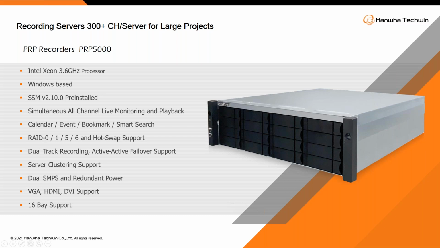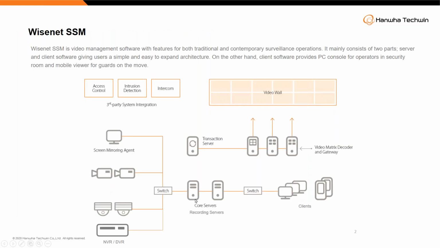But if you want to record the cameras on your own hardware, you buy our cameras but some third-party recording server, maybe like I said HP or Dell, in that case you are only installing the software from the website. That time we charge you a camera license.